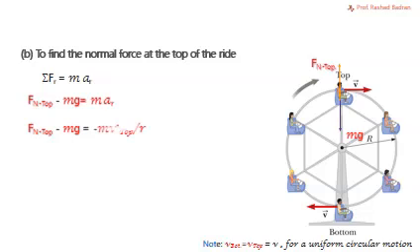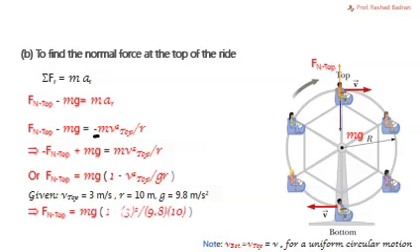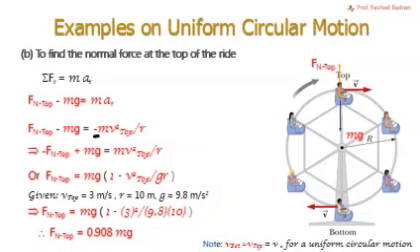By substituting the value of the centripetal acceleration with a negative sign, because it's directly towards the center, and multiplying both sides by a negative sign, we're going to get F_N top. By rearranging the terms and factoring mg out of the parenthesis and substituting the values, we're going to get F_N at the top equals 0.908 mg. This one is less than the bottom one, and this is expected, of course, in such motion.